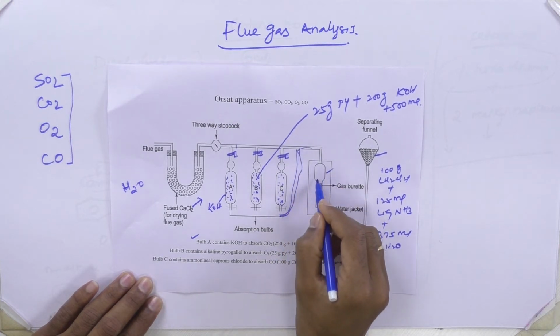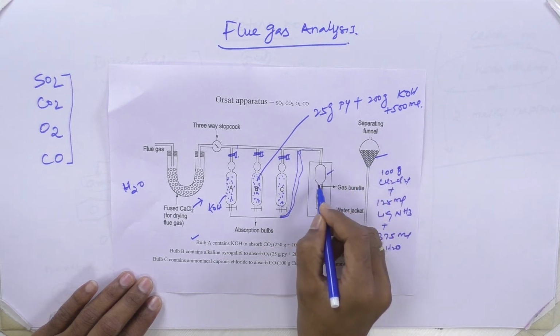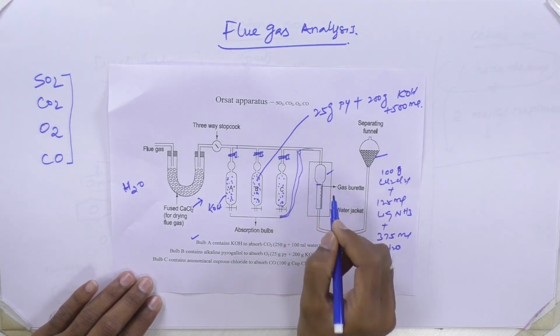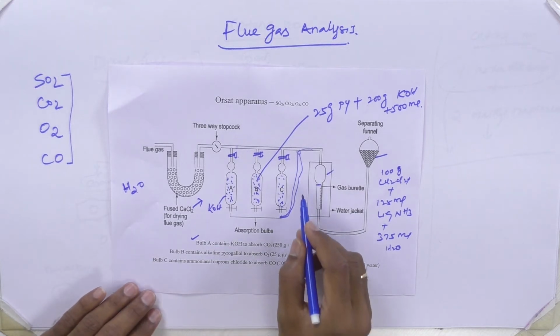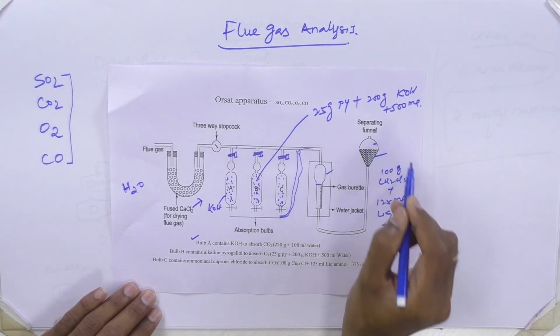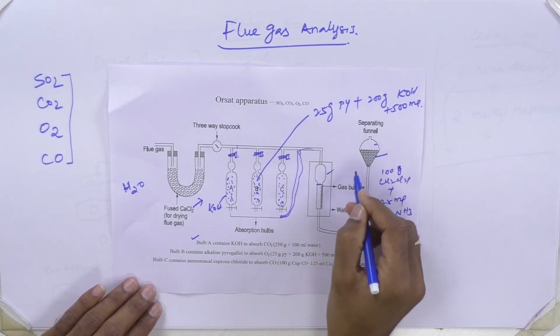Now it will go and raise the water level. Initially the water level is maintained up to this range. Once you pass the flue gas through this apparatus, it will increase the water level in the funnel. Now this has to be calibrated likewise.